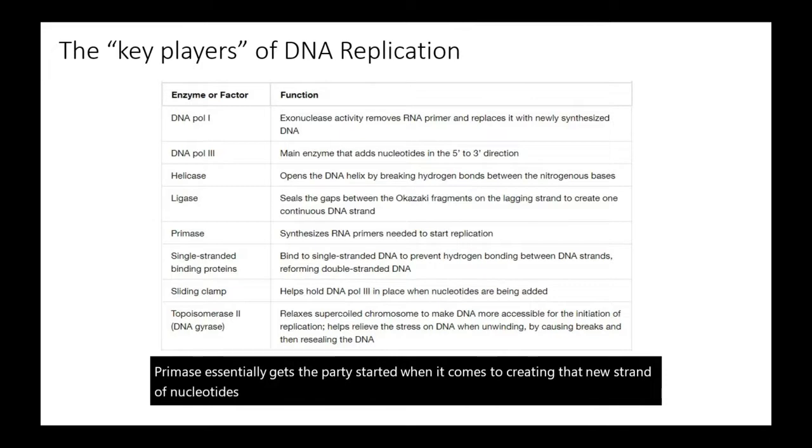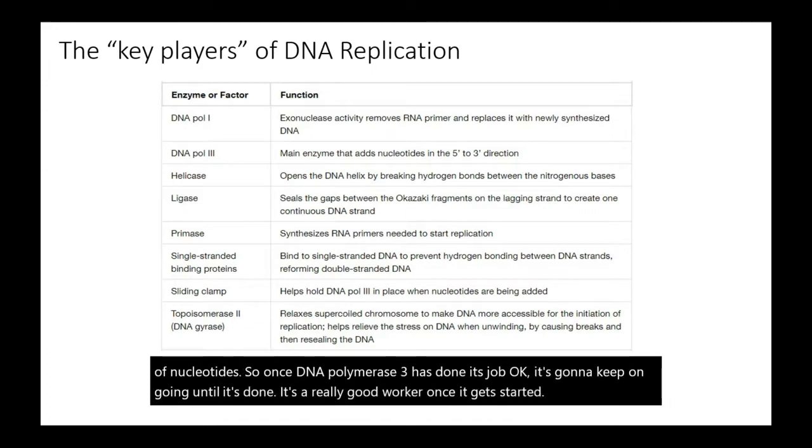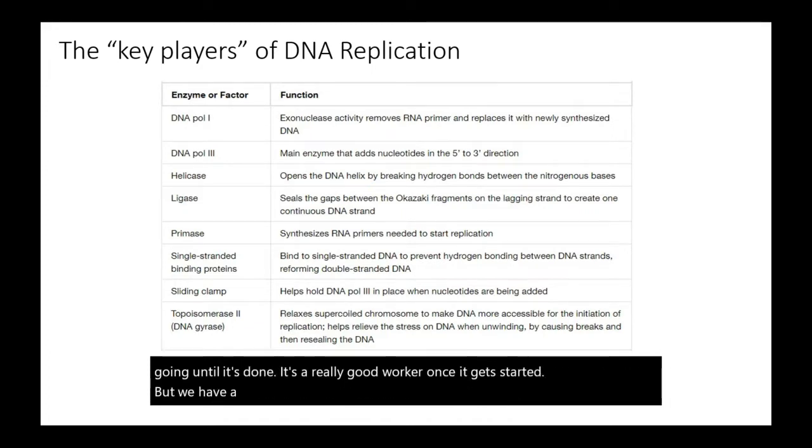So once DNA polymerase 3 has started, it's going to keep on going until it's done. It's a really good worker once it gets started. But we have a problem, right? I just told y'all that the primer is made up of RNA nucleotides. We can't have RNA in the DNA, okay?